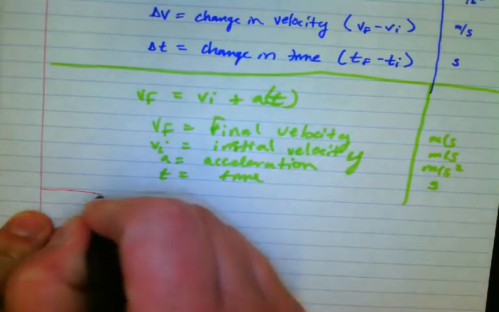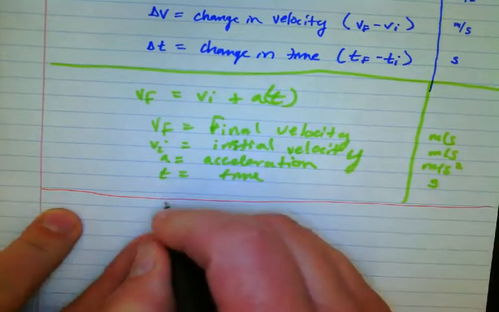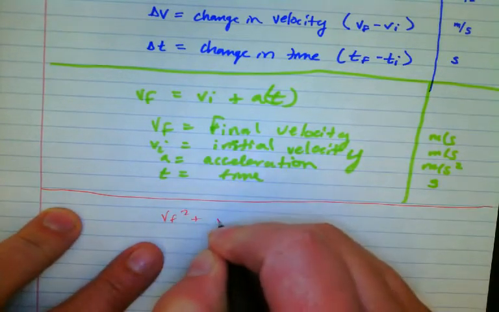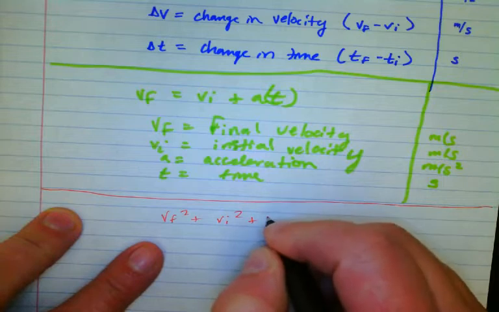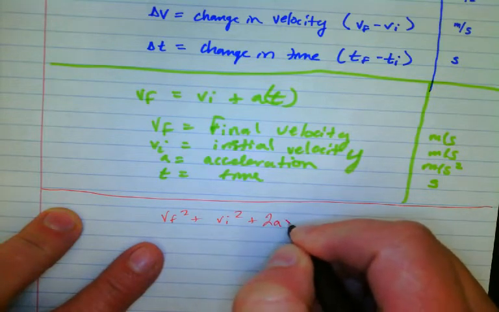Okay. Then we have VF squared equals VI squared plus 2AX.